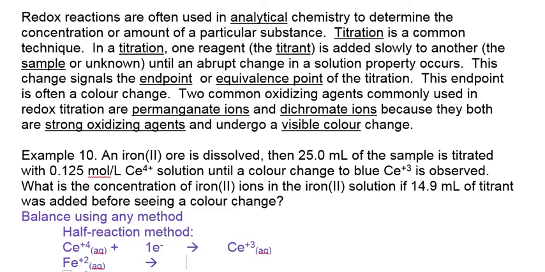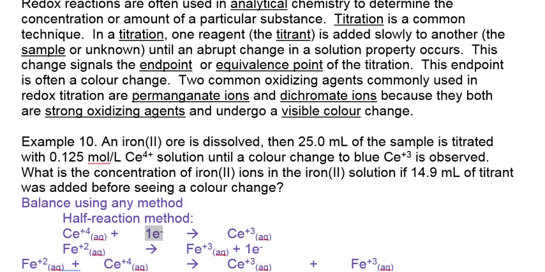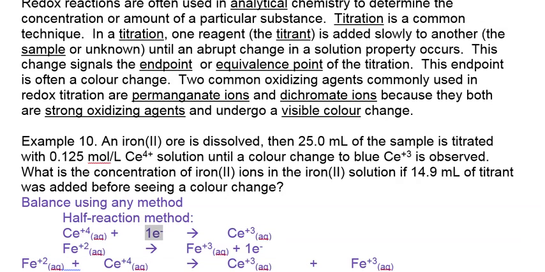So it has to be losing electrons, and iron does have 2 possible oxidation states, so it's going to go up to that +3 by losing an electron. And we can see that that's already balanced because we have 1 electron and 1 electron. So this one happens to be a 1-to-1 all the way across reaction. So that part is our balancing.